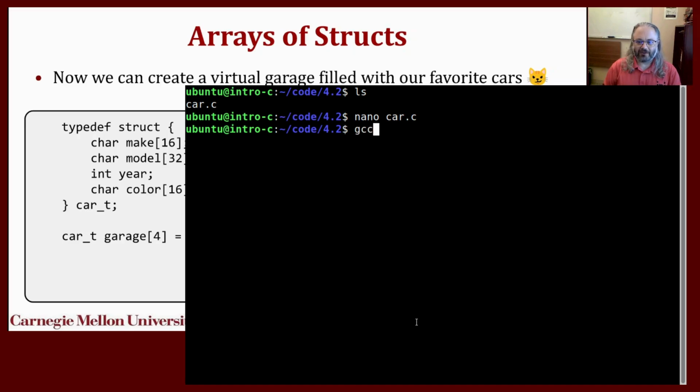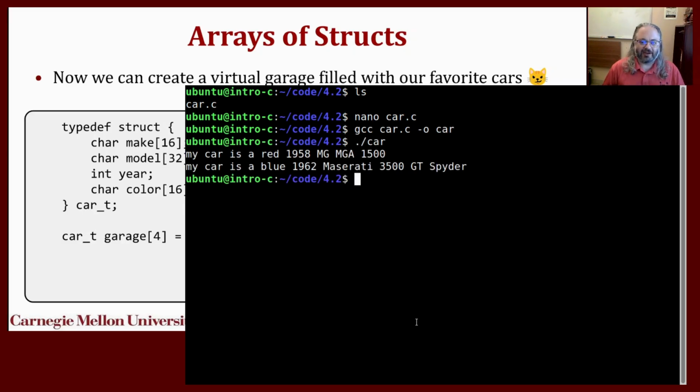So let's compile this. And once it's compiled, let's run, and we can see that that is exactly what it prints. The first print statement for the red 1958 MG, and the second print statement for the blue 1962 Maserati. Both beautiful cars, neither of which I own.